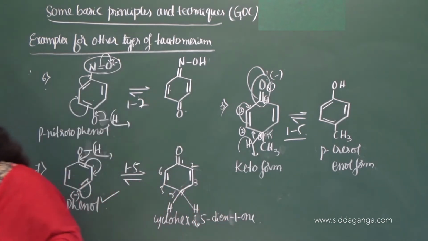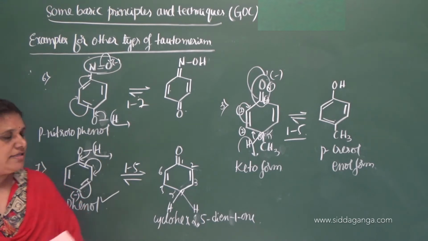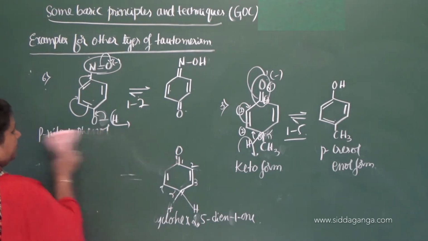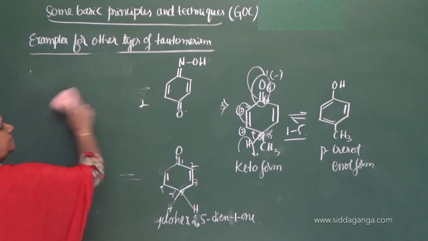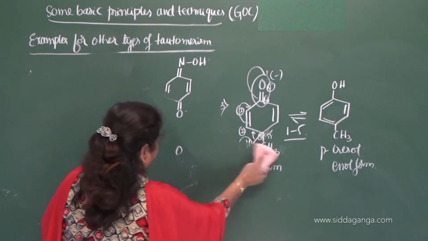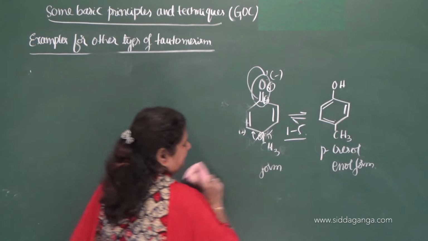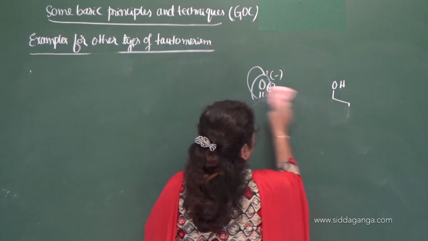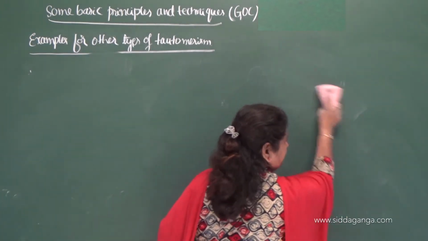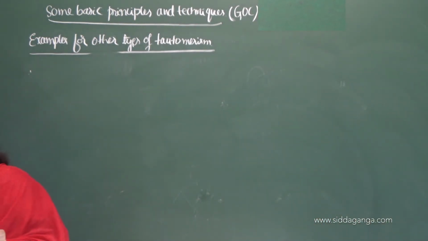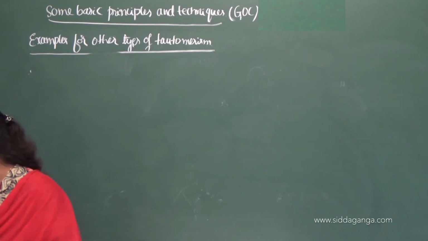Okay, now let us move on to the conditions I mentioned. So there are examples where we can get the percentage of enol form more, as I said, and let me give the examples for those.